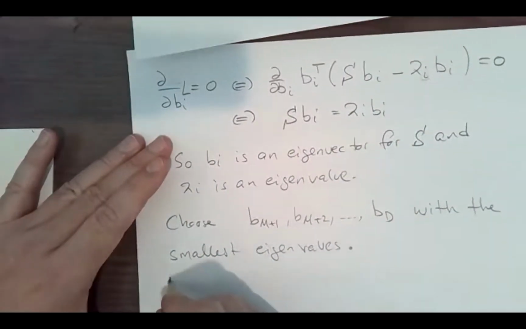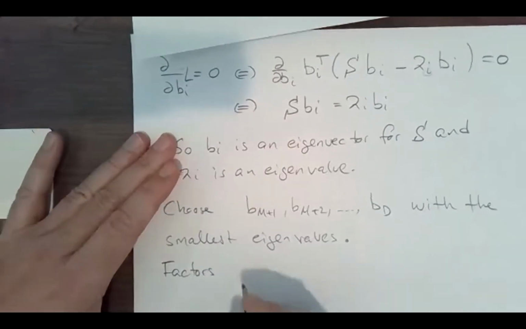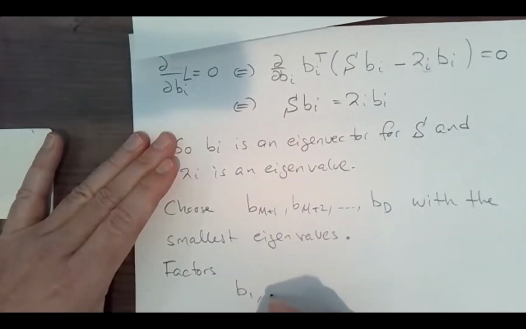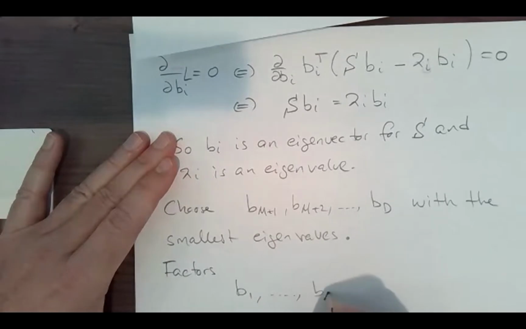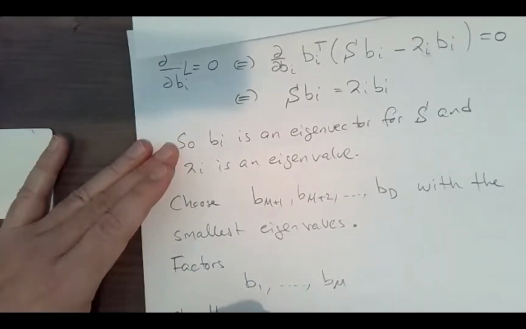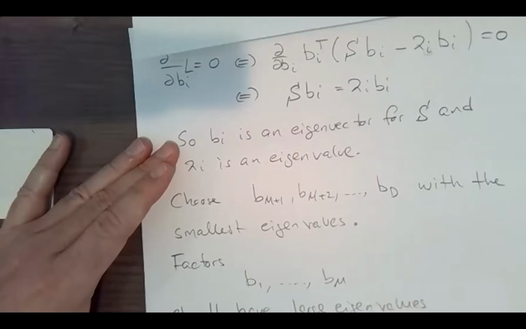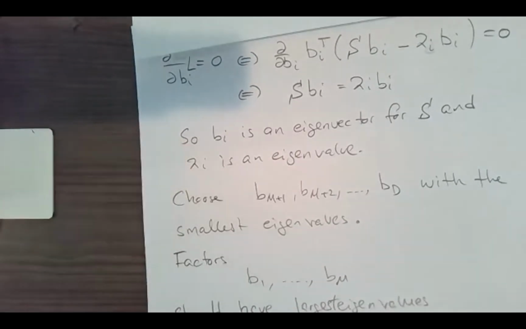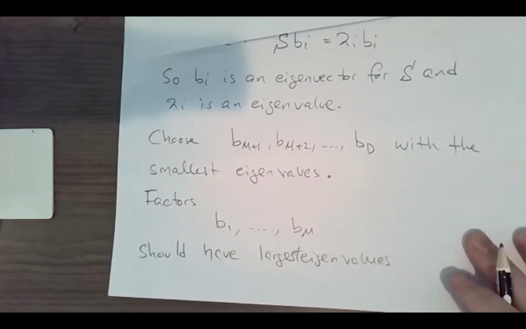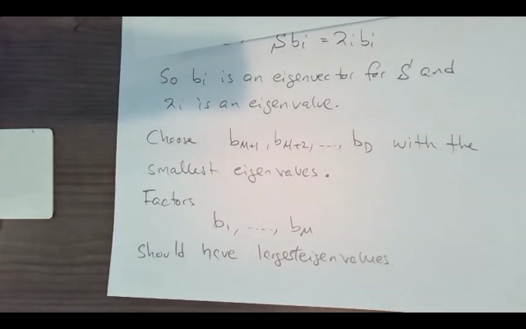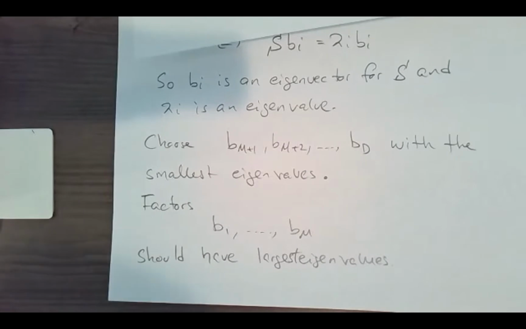So your factors, this will be your B1 up to BM, should have the largest eigenvalues. This is how you do data compression. You need to compute these eigenvalues, you order them, and you see how big they are, and then you pick the ones that have the largest, and that's going to be your factor.